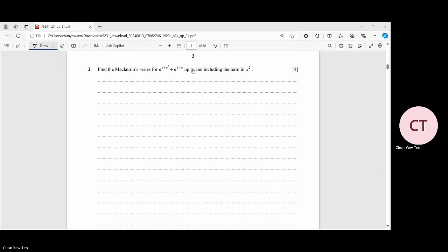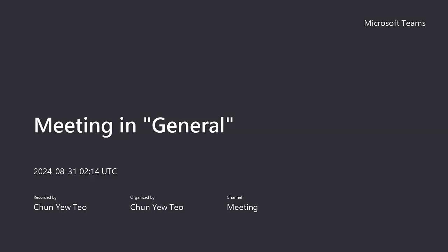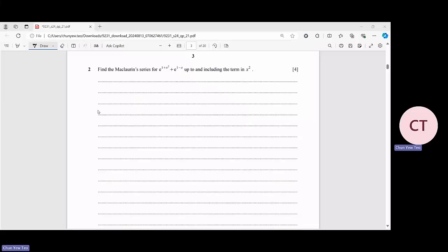Now we take a look at question number 2, the Maclaurin series for this up to and including the term in x squared. For these questions, we need to use differentiation in order to find the Maclaurin series.